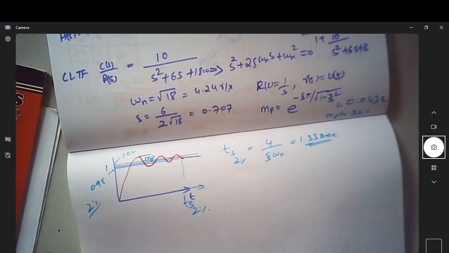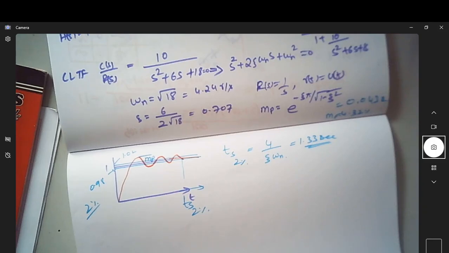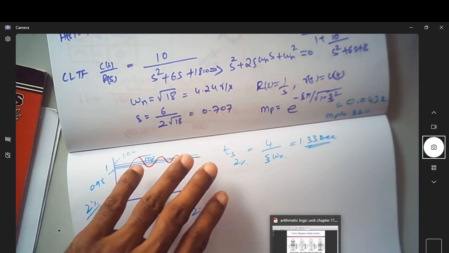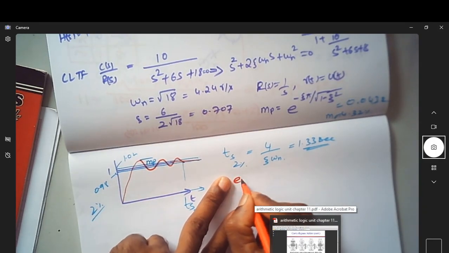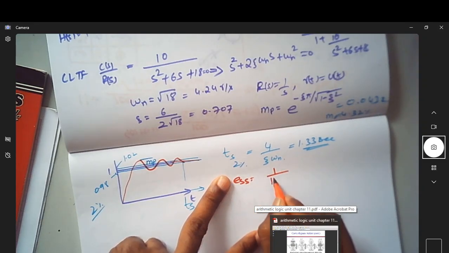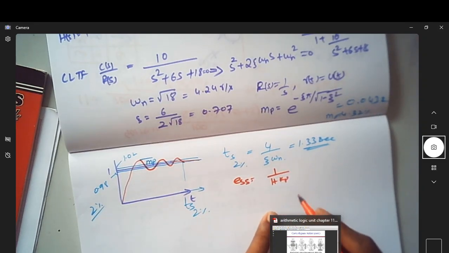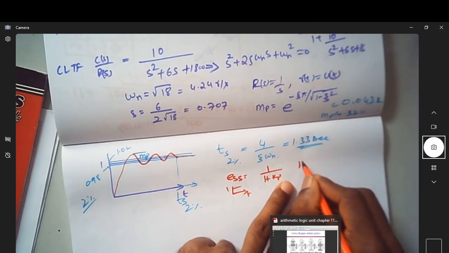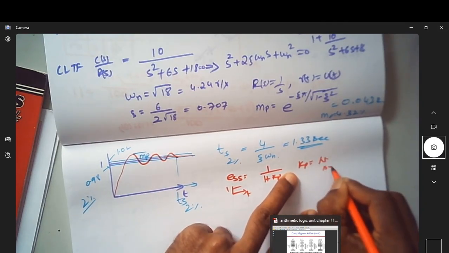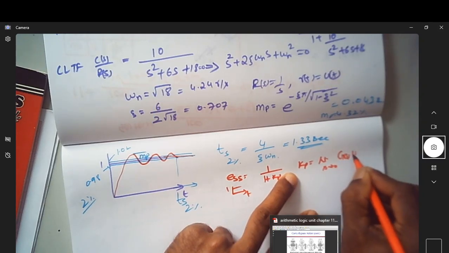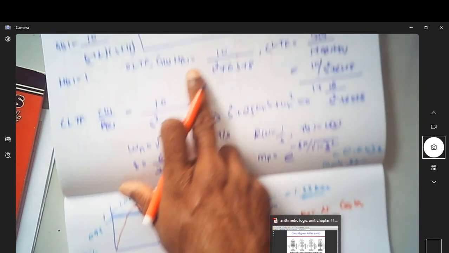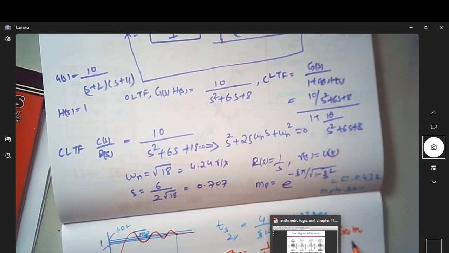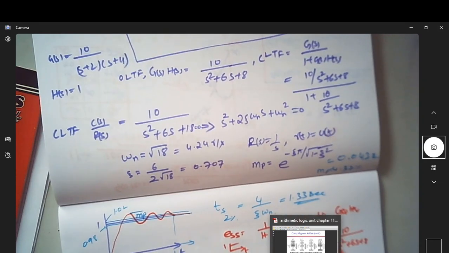So ESS, we know that steady state error for a step input is given by ESS equal to 1 over 1 plus Kp for a unit step input. So we know that Kp is nothing but limit of s tending to 0 of G(s) into H(s). So we already have the G(s) into H(s), which is this. Let me substitute that: 10 by s square plus 6s plus 8 is my G(s) into H(s).